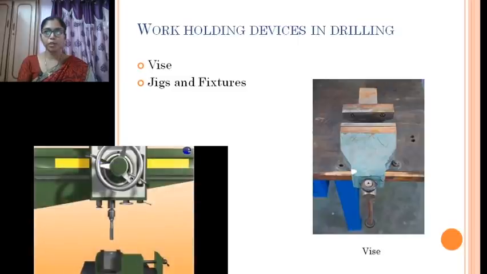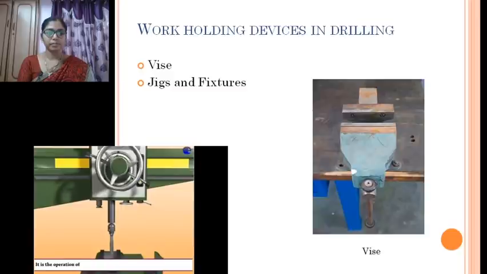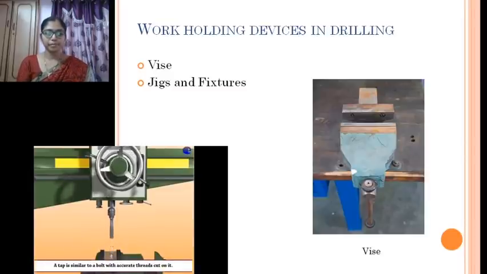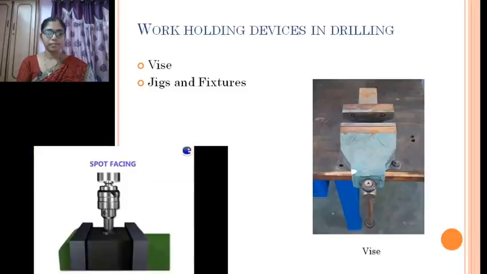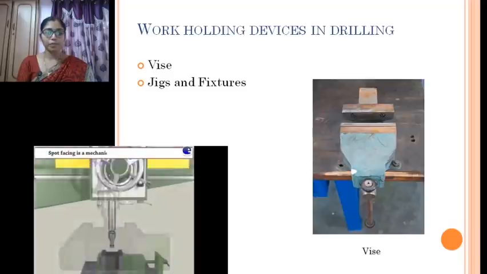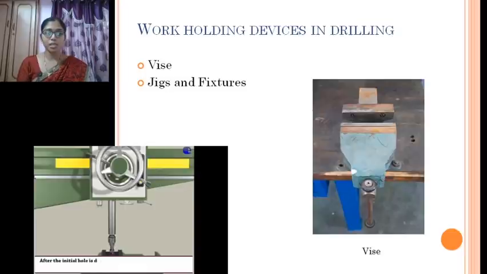Tapping to produce internal threads. So here the spindle is the one which is holding the tool. Spot facing, as we have discussed, is for finishing the already existing hole.